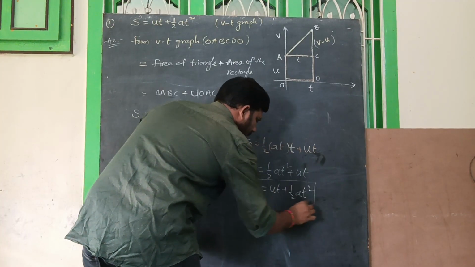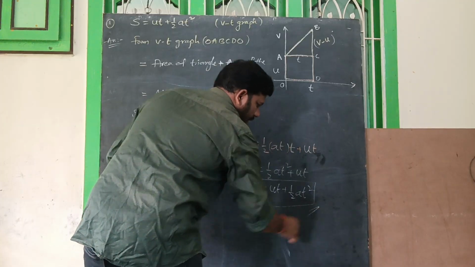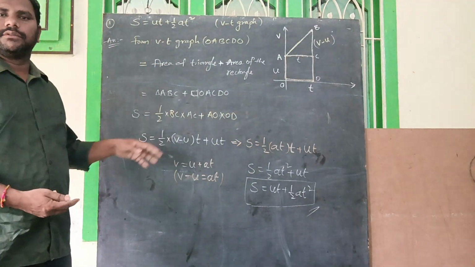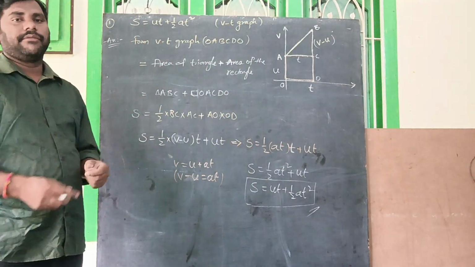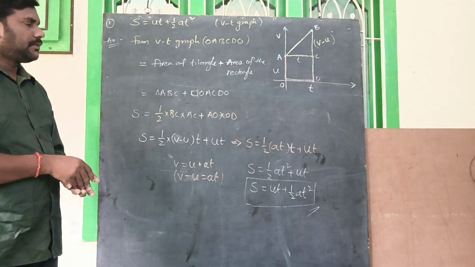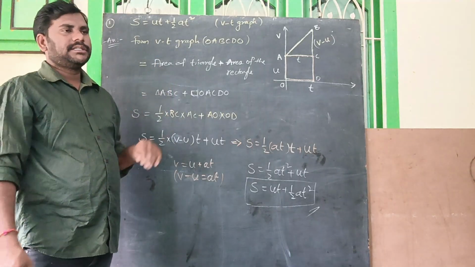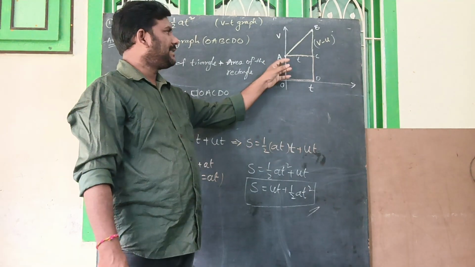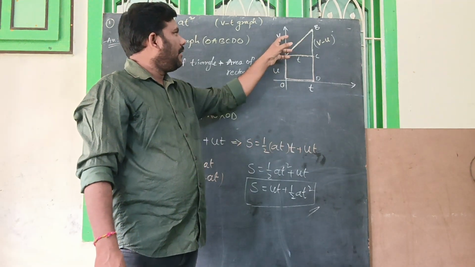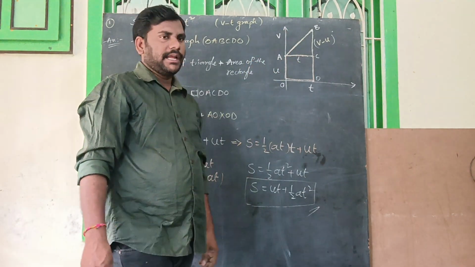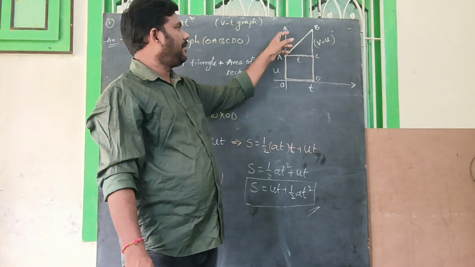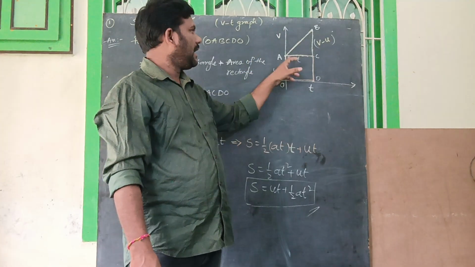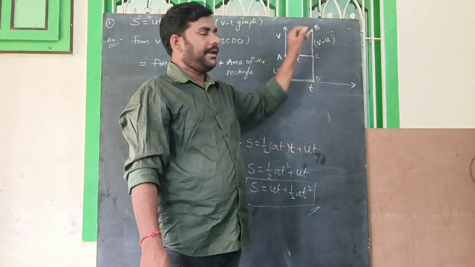So this is the solution from the graphical method for S is equal to ut plus half at square. Listen once again. Consider a particle with initial velocity u and acceleration a, moving to the final velocity v in a time t, represented by AB.